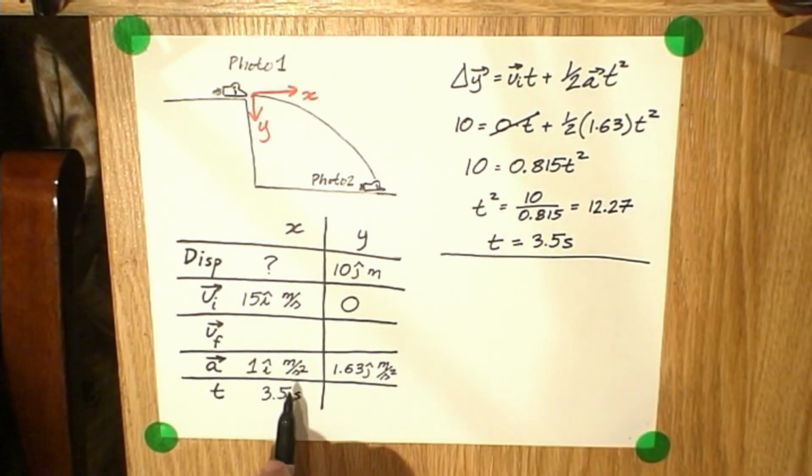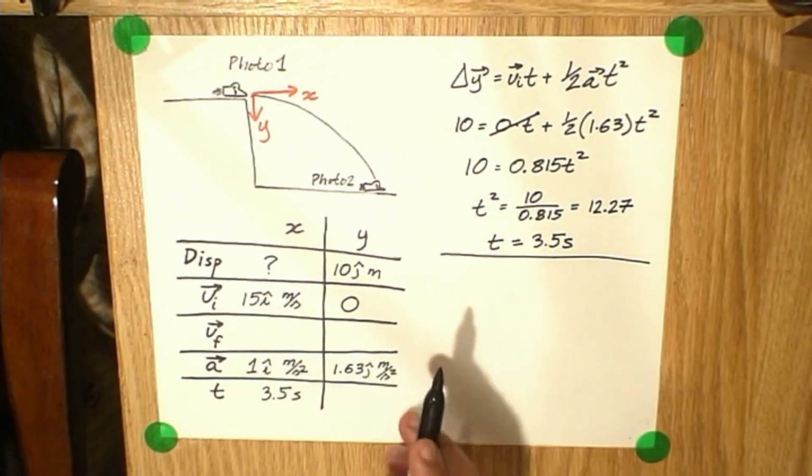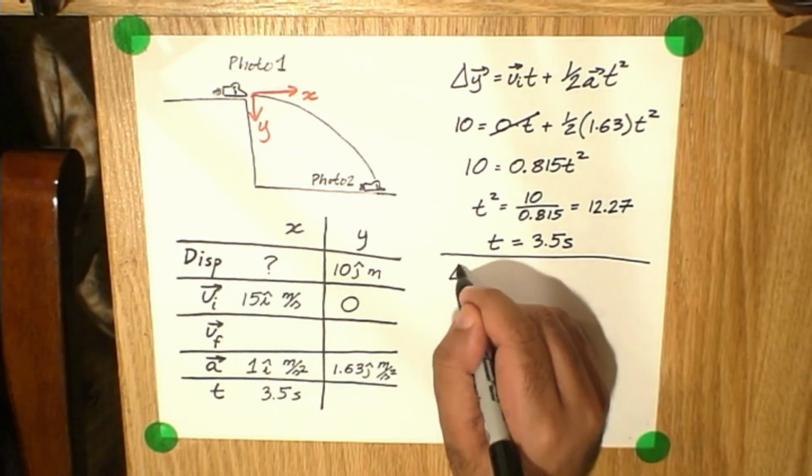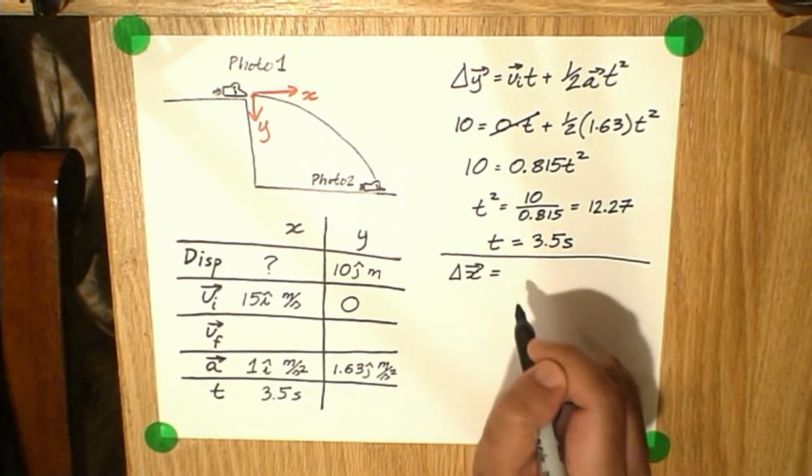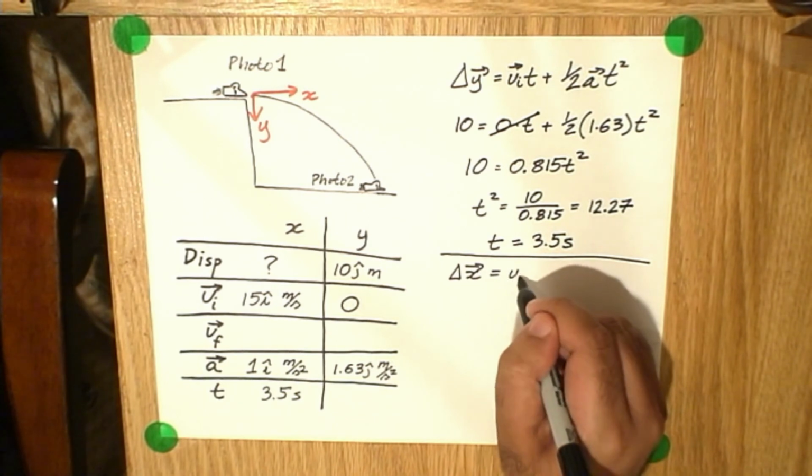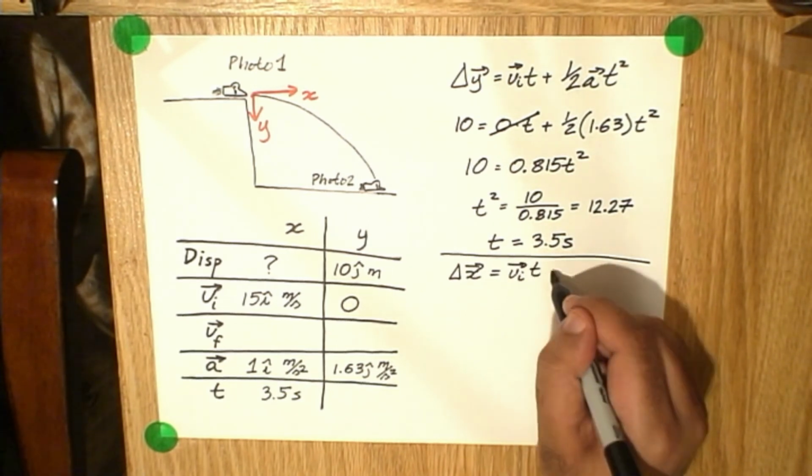Now we have 3 pieces of information in the x direction, so we can use toolbox equation number 2 to solve for the unknown displacement.